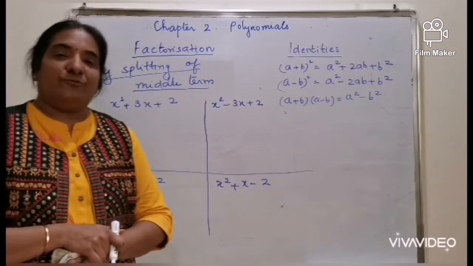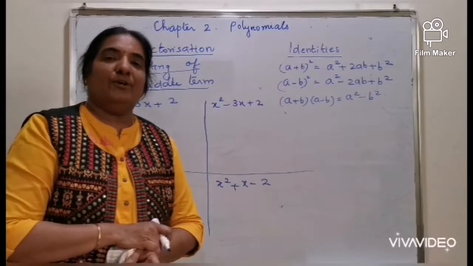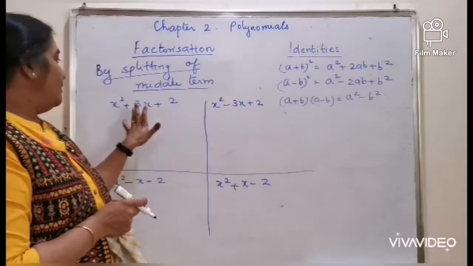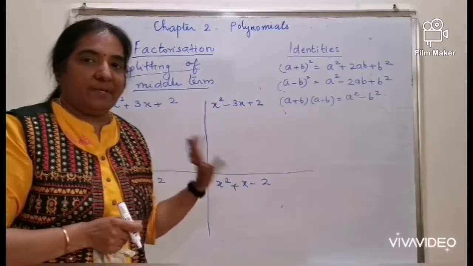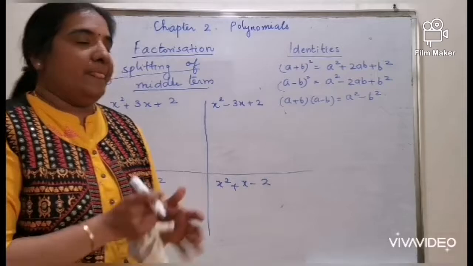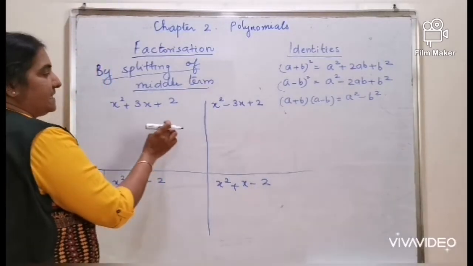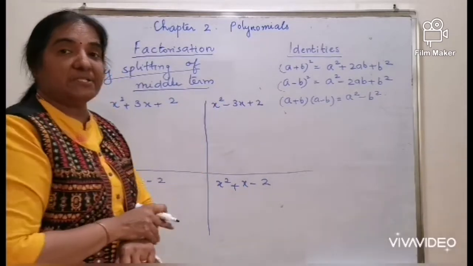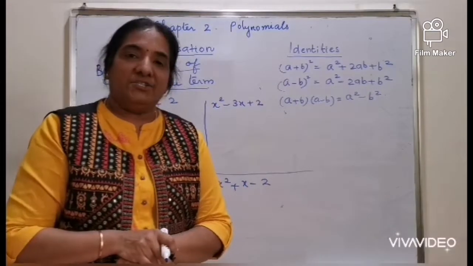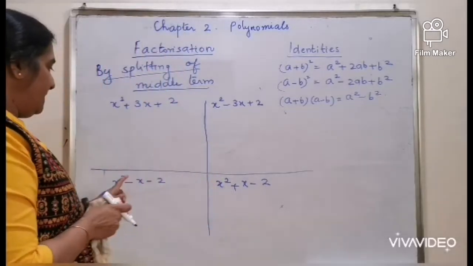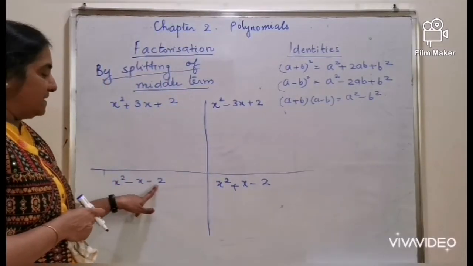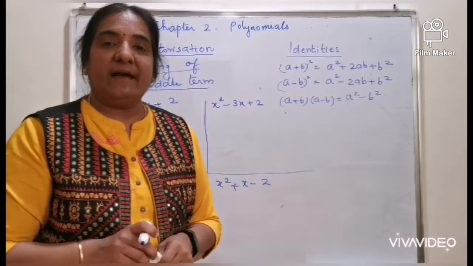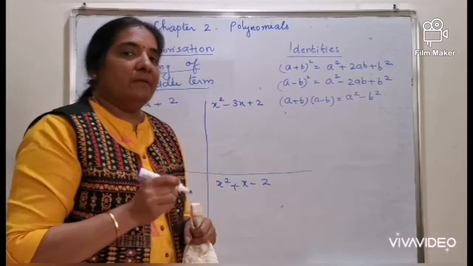These are the 4 patterns of polynomials which can be asked as factorization with the varied symbols which have been assigned here. Whichever it be, let us take the example of x square plus 3x plus 2, x square minus 3x plus 2, and we can derive a general rule. Similarly, x square minus x minus 2, x square plus x minus 2, I can derive a general rule.